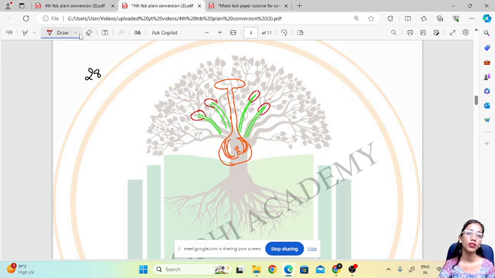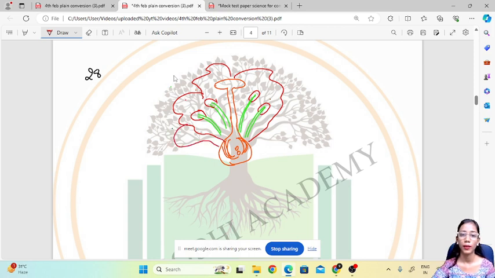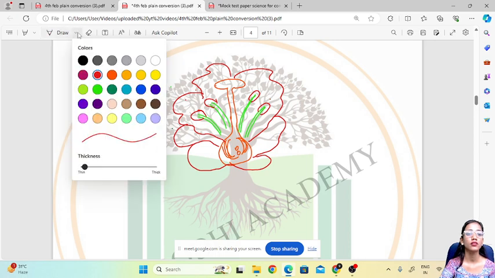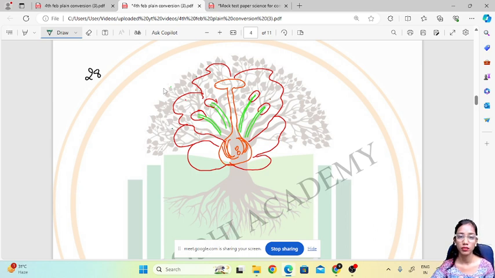Okay, and then you draw the petals. Once this is done, very important are the sepals.